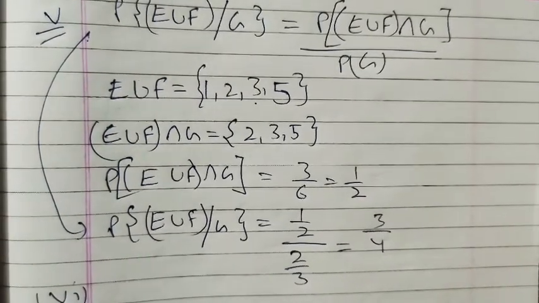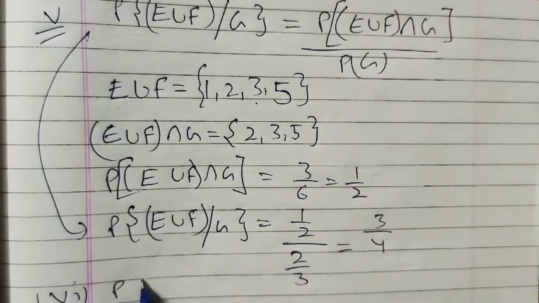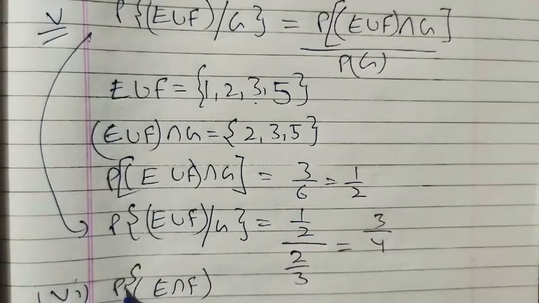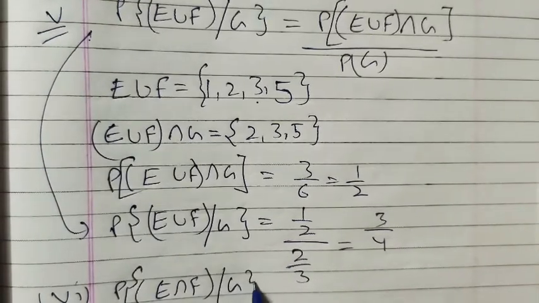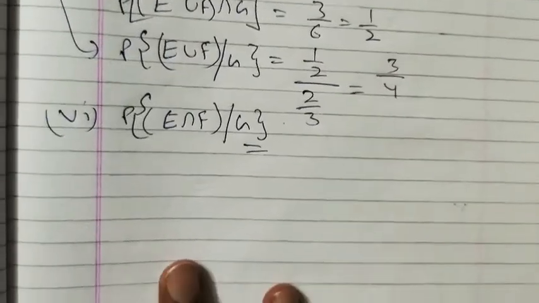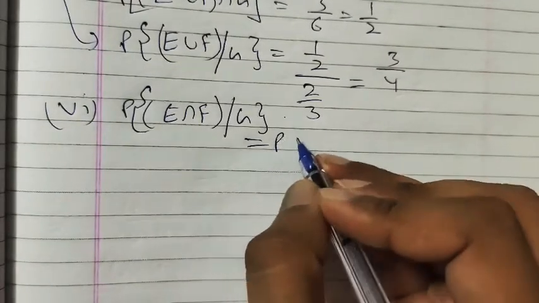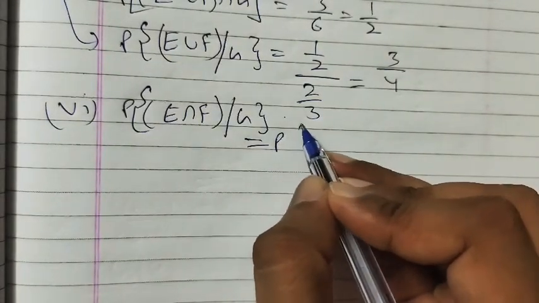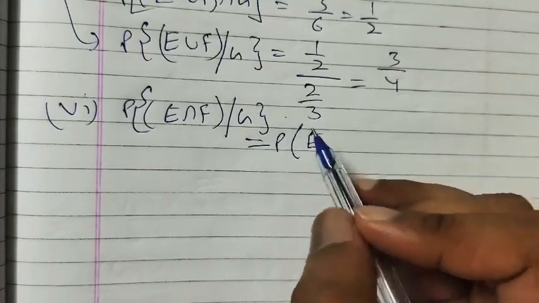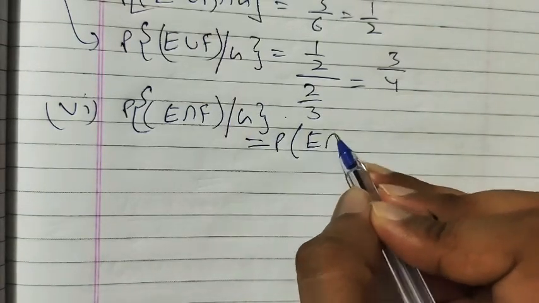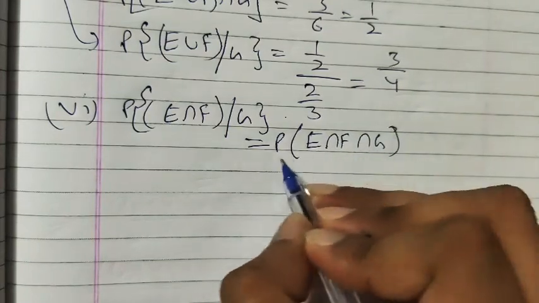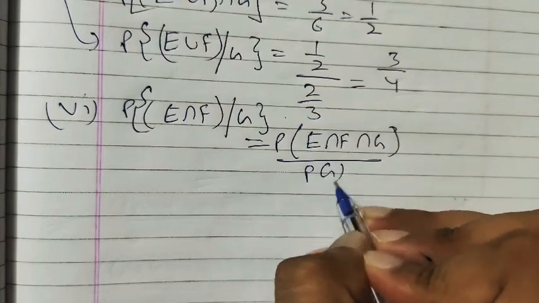Part 6. Probability of E intersection F given that G has already occurred. This can be written as probability of E intersection F intersection G upon probability of G, right?